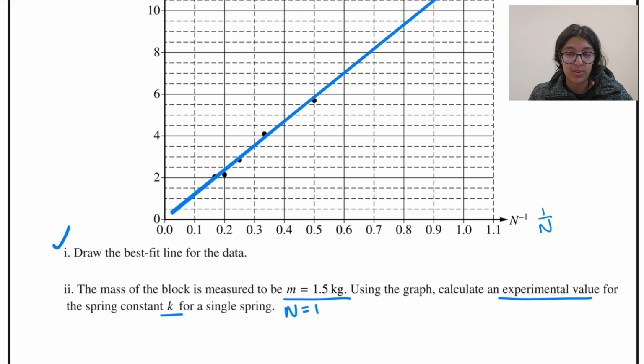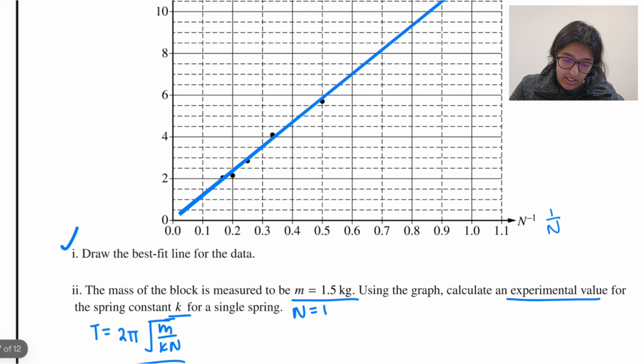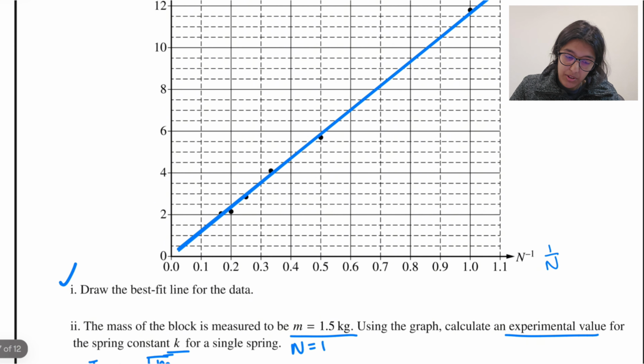Now, before I start substituting numbers in, because I know that is a common misconception, because they gave you the mass and we know the value of n, so why don't we just substitute those in this equation? But if you look really closely, this looks a little bit similar to what we see on this graph. I know the y-axis is T squared and the x-axis is 1 over n. And that is kind of like what we see in this equation. I mean, we could square both sides to get the T squared.